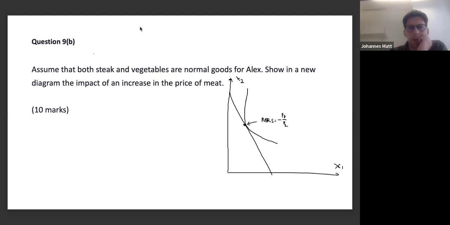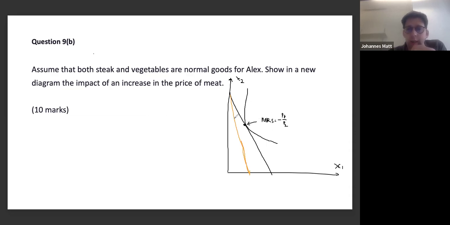So what happens if the price of steak goes up here? Well, that means steak is more expensive, and so I have to give up more vegetables to be able to consume the same amount of steak. So another way of saying this is that the budget line is going to shift inwards, something like this, right? So it's going to become steeper here. And that means I will no longer be able to afford that combination that I previously did.